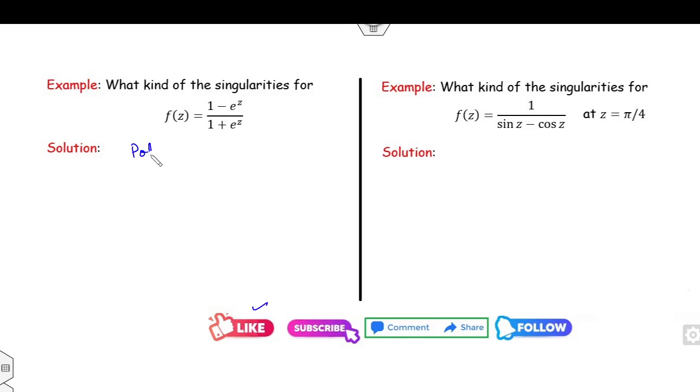So can you find the poles of the given function? The pole is where 1 plus e^z is 0, or e^z is minus 1. How can you find the value of z for e^z = -1?